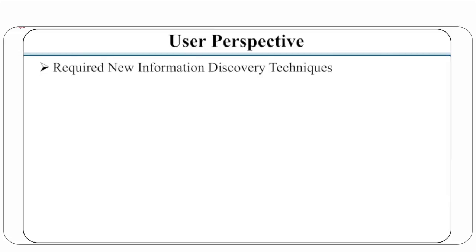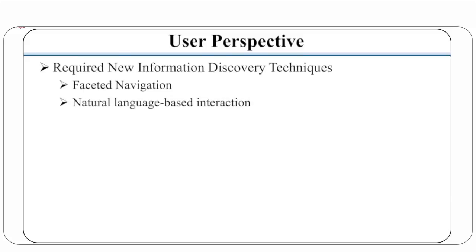Semantic digital libraries posed requirements for new information discovery and management technologies and provided features like highly extensible faceted navigation, natural language based interaction, or community driven collaborative filtering, among others.